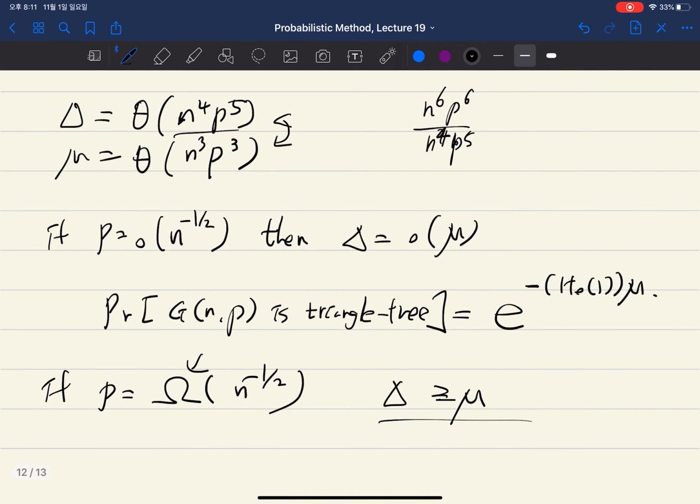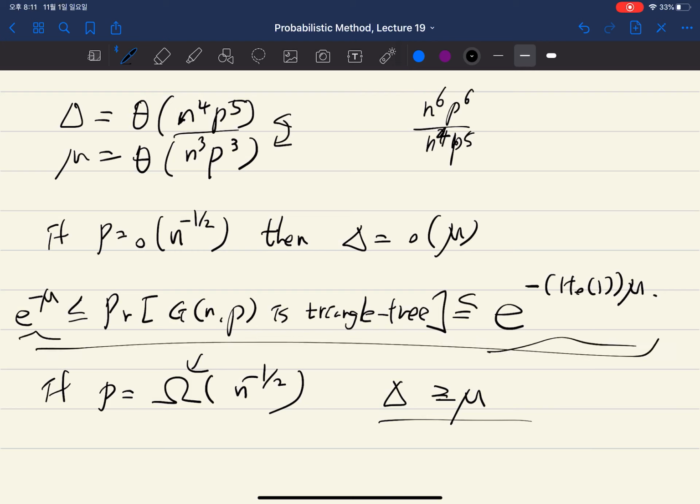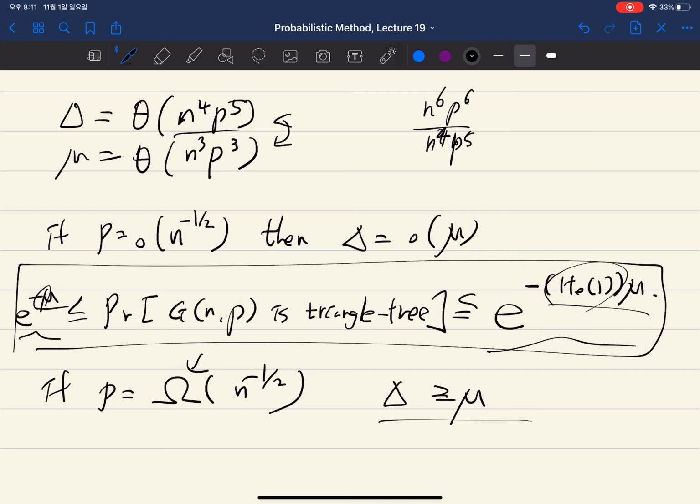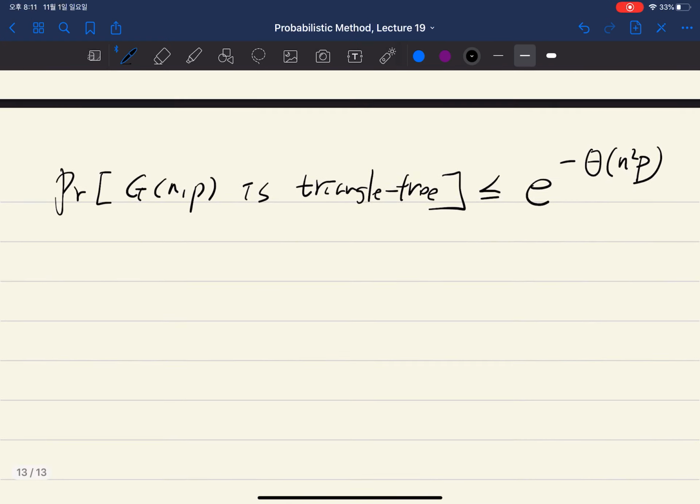So here, this is at most e to the negative mu, so we know that this is best possible. So the gap between them is this constant. And can we actually say a similar thing? So this is at least e to the negative theta times n squared p. Then this is best possible up to a multiplicative constant in the exponent.